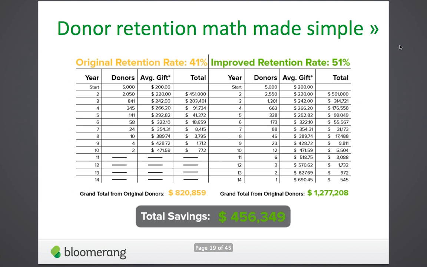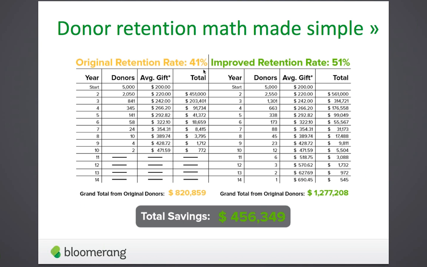Here is the mathematical chart that Dr. Sargeant shared with me, and you can see what a change it can make if someone moves the retention rate from 41% up to 51%. As you can see, in the first additional year you raised $451,000 on the left side, but $110,000 more, $561,000, on the right.